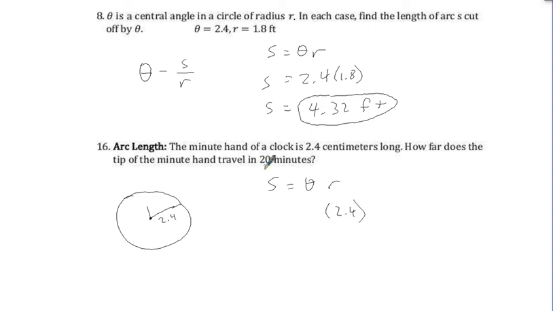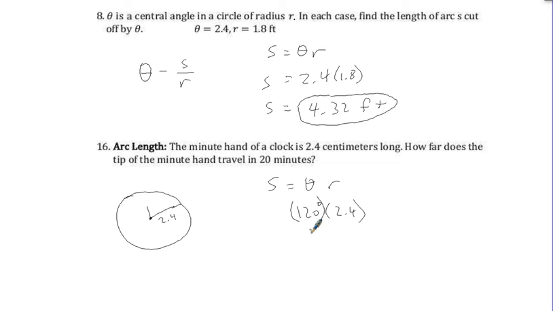And in 20 minutes, how far did that travel? Well, again, as we talked about before, 1 minute is 6 degrees. And so if 1 minute is 6 degrees and we're going 20 minutes, the theta here is going to be 120 degrees.